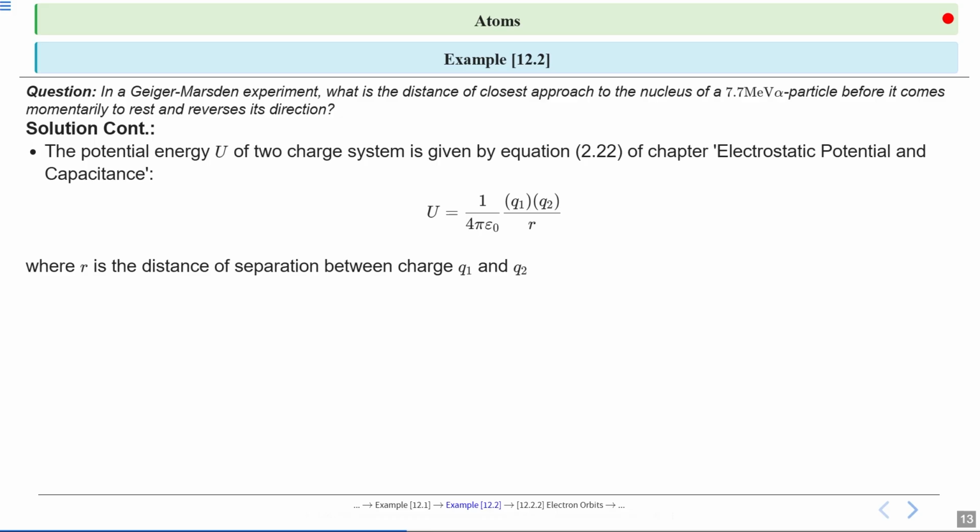After reversing its direction, the minimum distance from the nucleus up to which the alpha particle approaches before reversing is called the distance of closest approach. Epsilon naught here is the permittivity of free space.